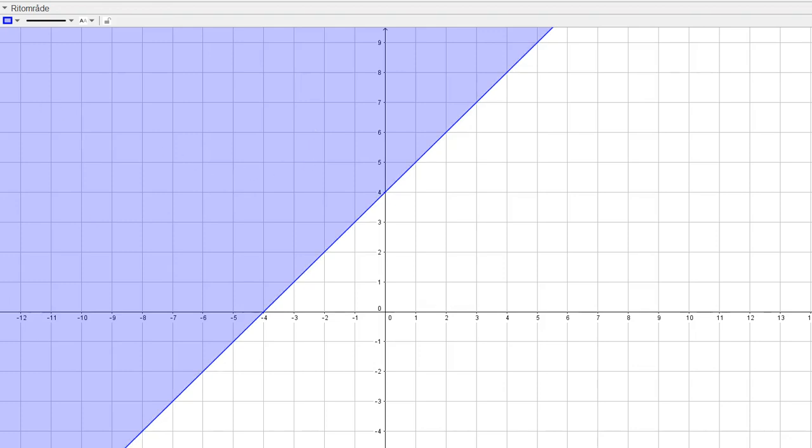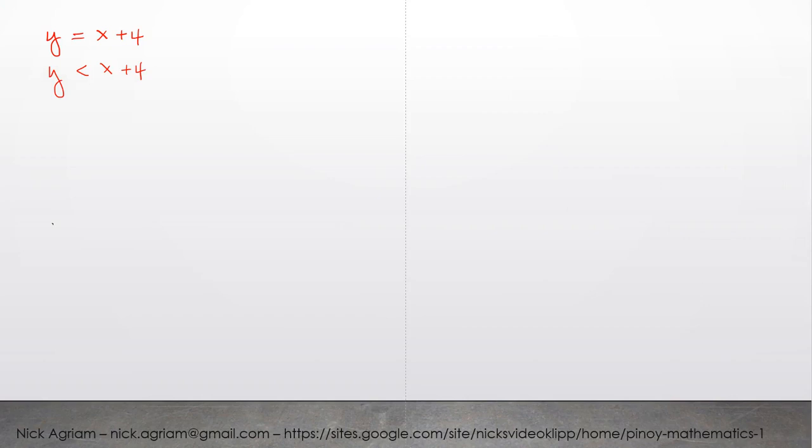Let's see if we can do more. I have written another example here: 3y is greater than 4x minus 6. If we divide both sides of the equation by 3, then we have y is greater than 4/3 x minus 2. The line is a broken line. Since it's greater, the solution is above the line.